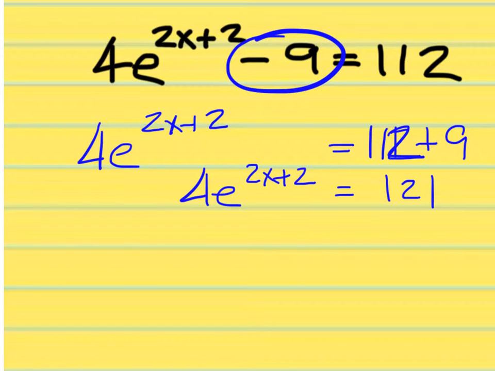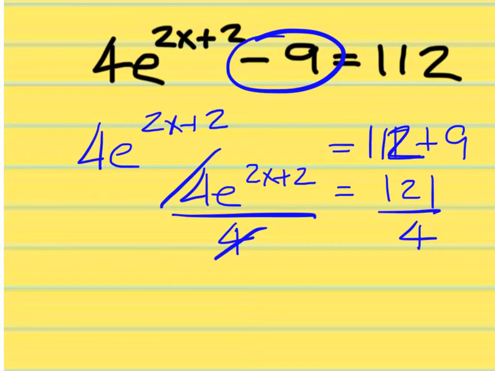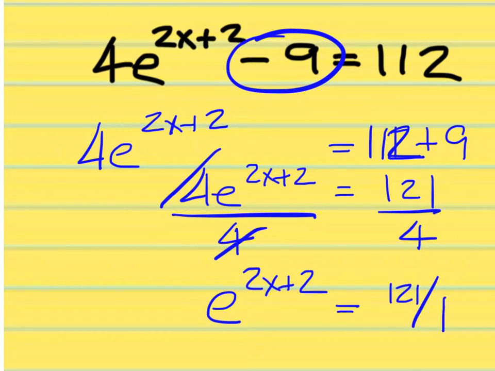We still need to get the e away from everything else, such as a coefficient or constants. The constants are gone, but now we can divide both sides by 4, like this, and be left with e to the 2x plus 2 power, and that will equal 121 over 4. Do not make that into a decimal or anything else right now.